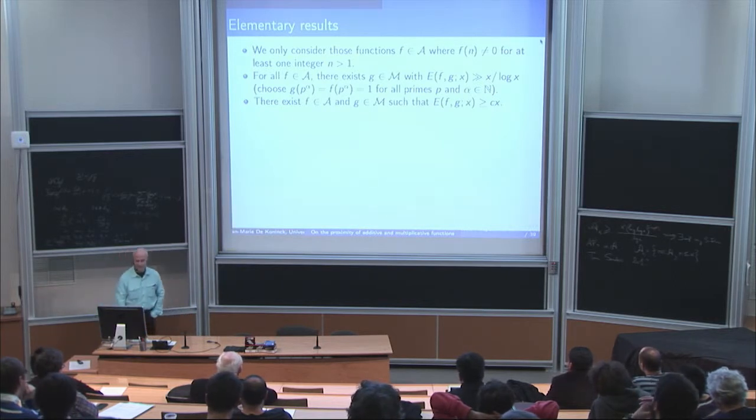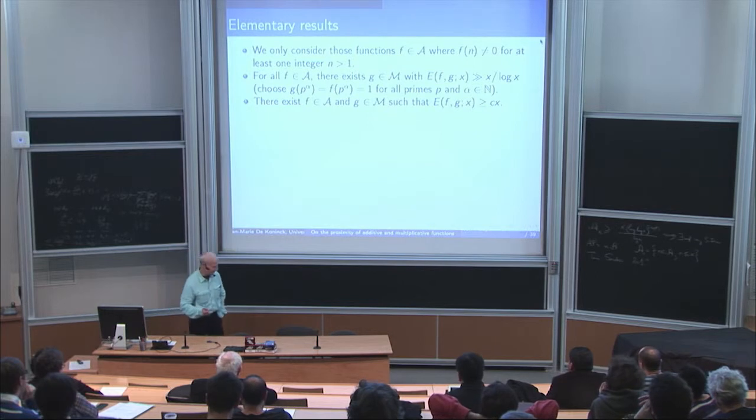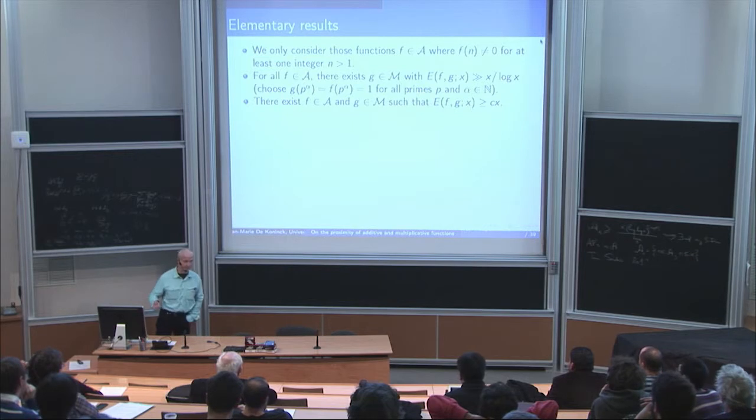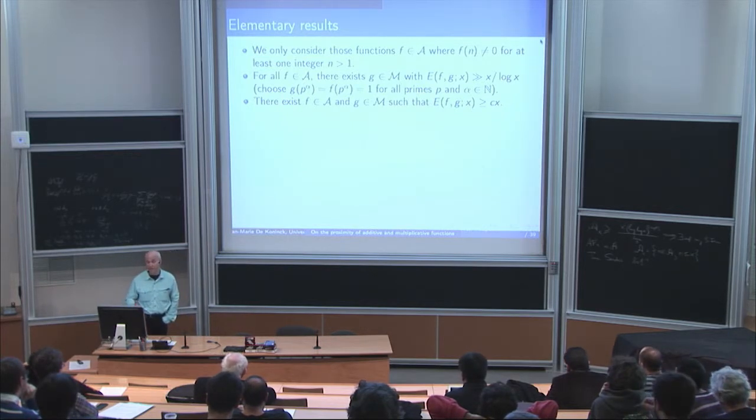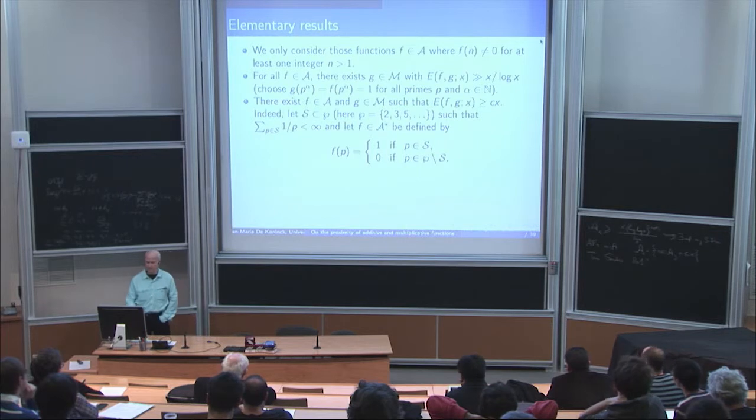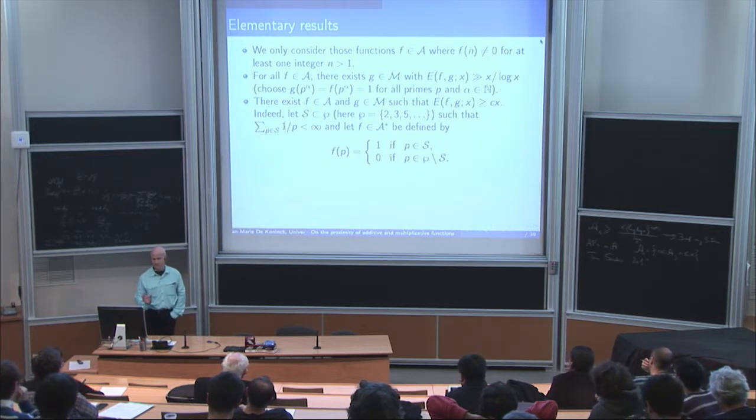Let's keep going. Given any c positive, strictly smaller than 1, you can always find an additive function and a multiplicative function such that they coincide on a set of positive density. And it's easy to do. Just take a subset of the primes which is very thin.